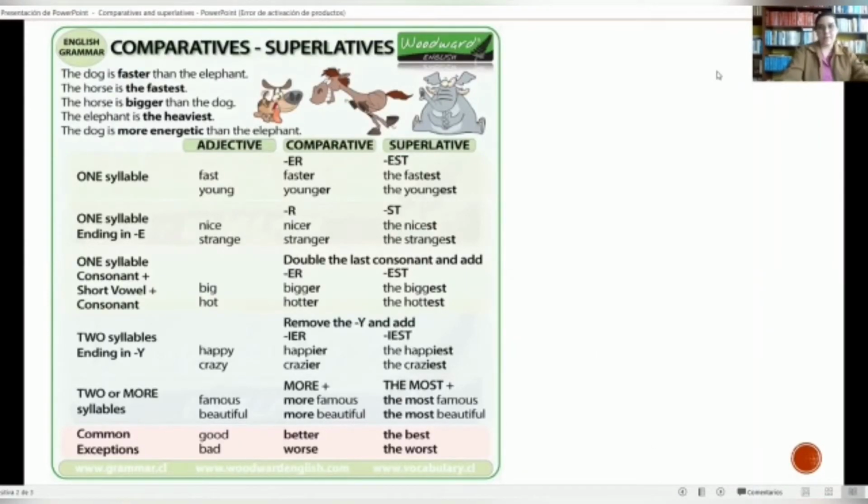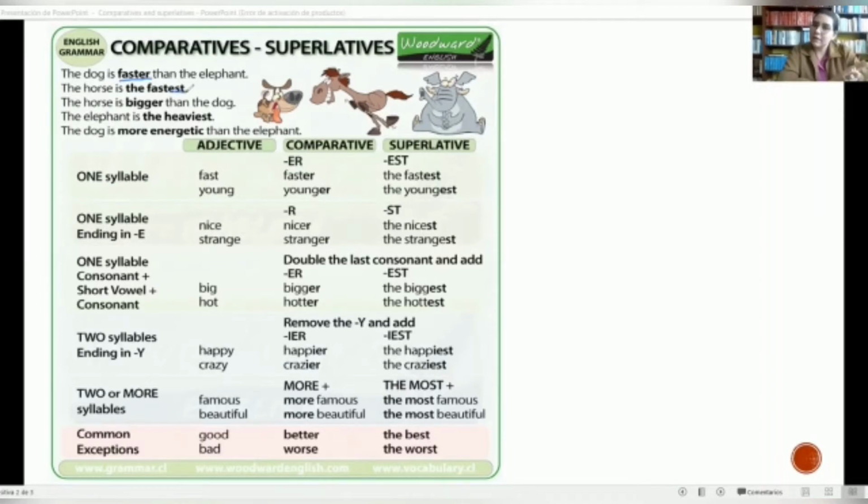Okay, we are going to talk about comparative and superlative. The comparative finishes in ER, like faster in this part, okay? Let's use this one, like faster. And the superlative finishes in EST.